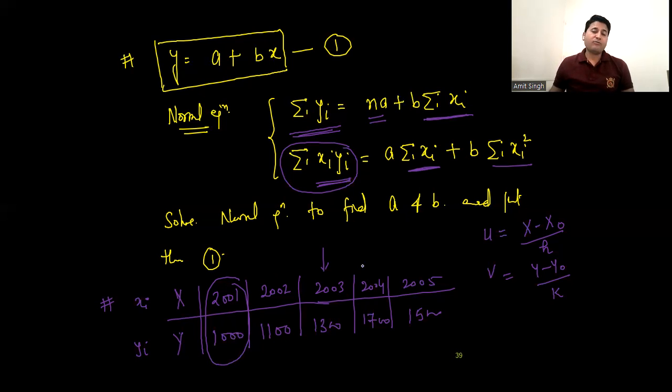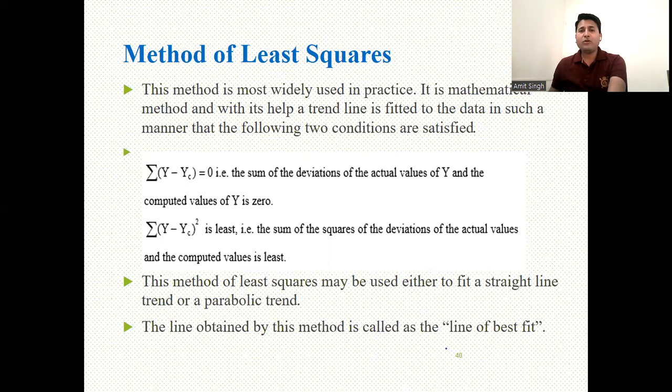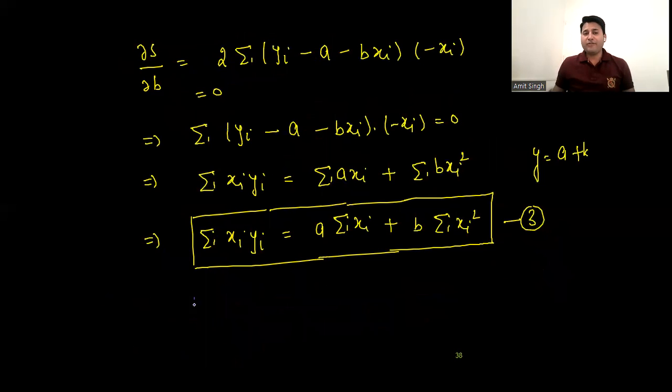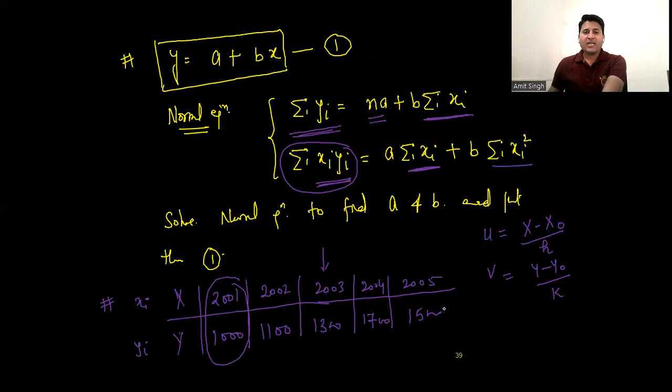In that case, the data will look like this. In place of x and y, we will use u and v. So -2, -1, 0, 1, 2. In the same manner, for the second one, we can take 1300 as the center. It will be -300, -200.